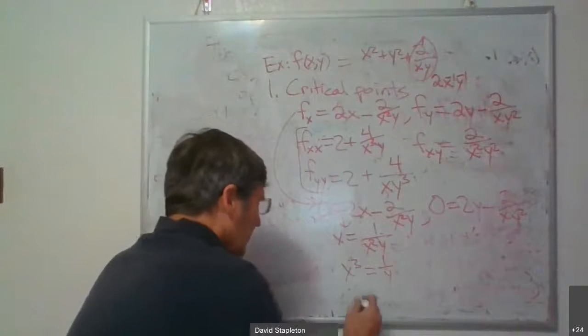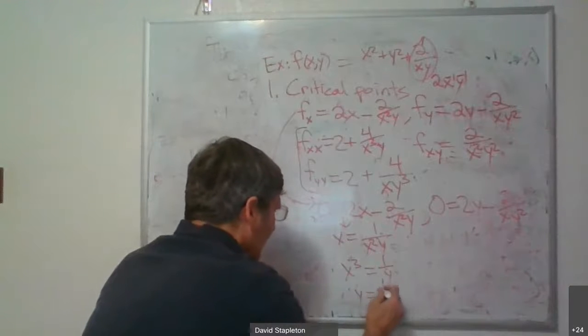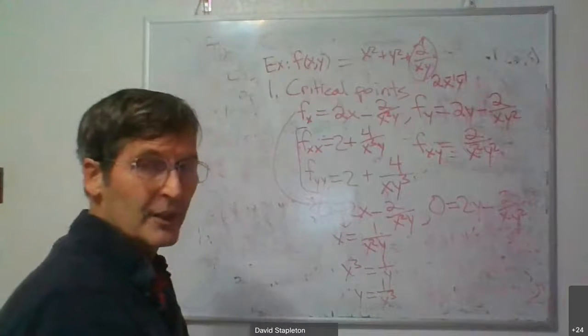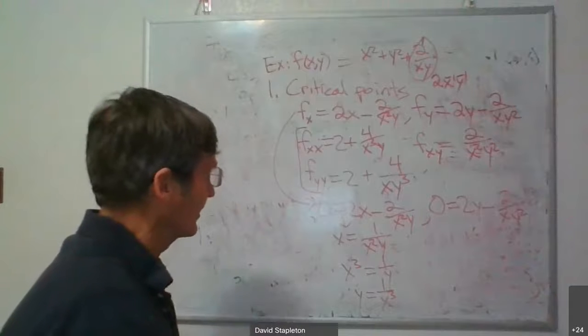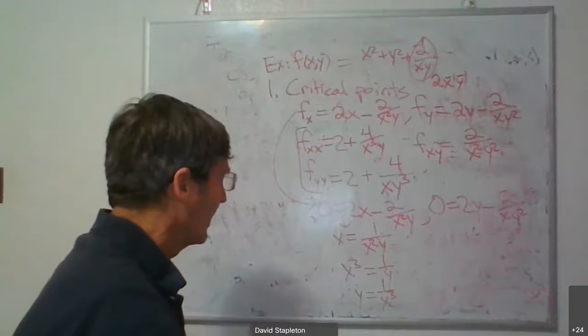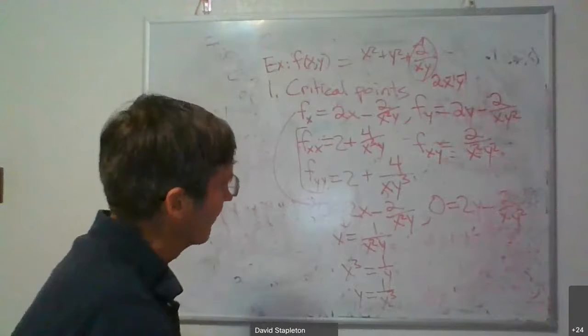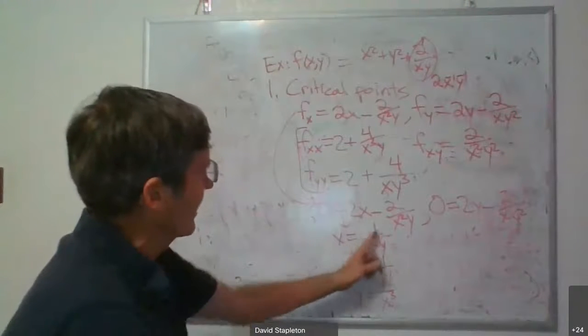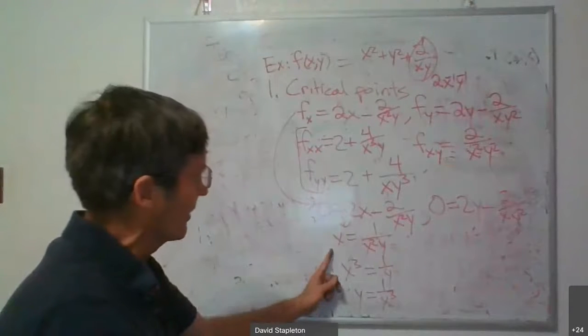And if I take reciprocals, I have y equals 1 over x cubed. Be very careful on this because I just left out some solutions, actually, if you think about it. When you multiply both sides by x squared like this, you've assumed that x isn't 0, right?